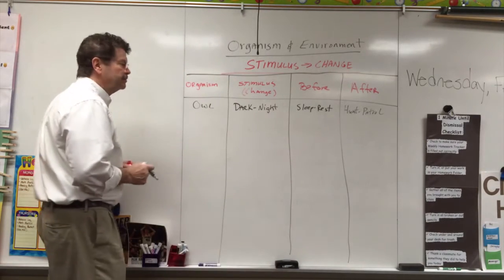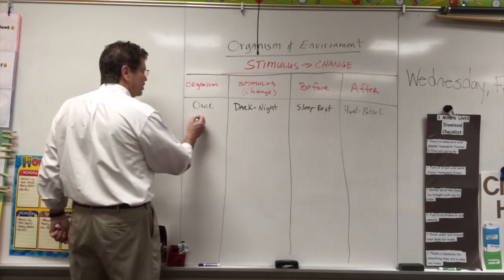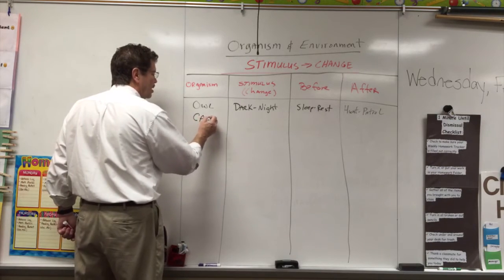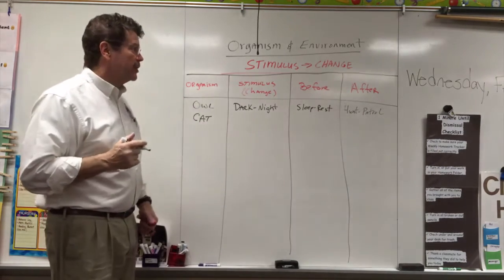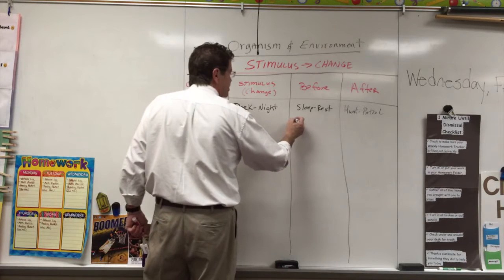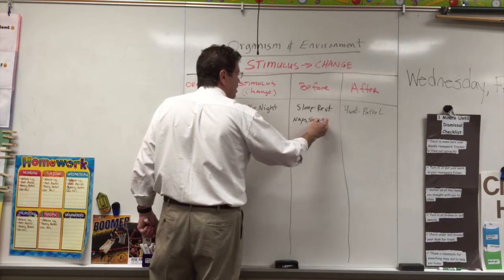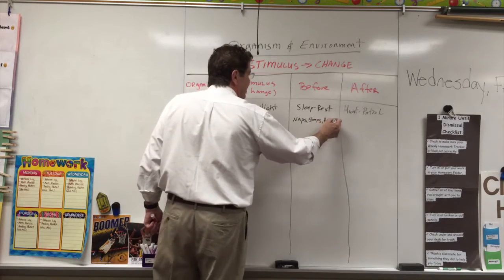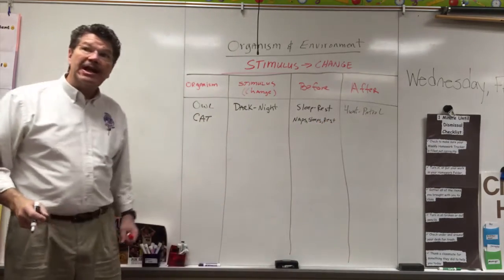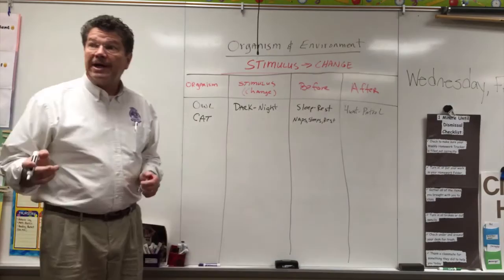What about anybody have a cat at home? All right. At my house, during the day, the cat takes naps, it sleeps, it rests. But what do cats do at night? Not only house cats, they're awake.